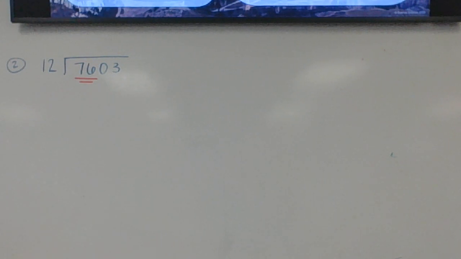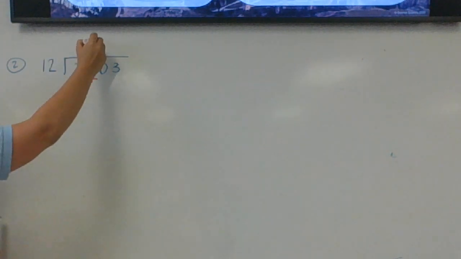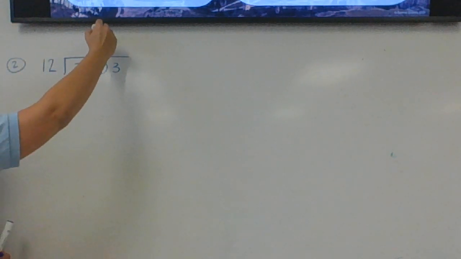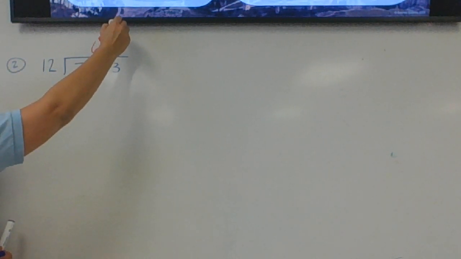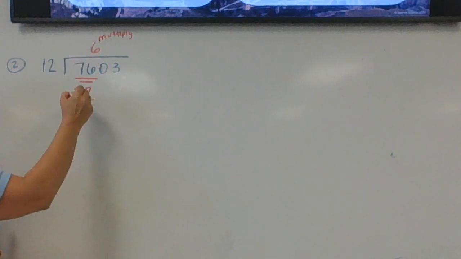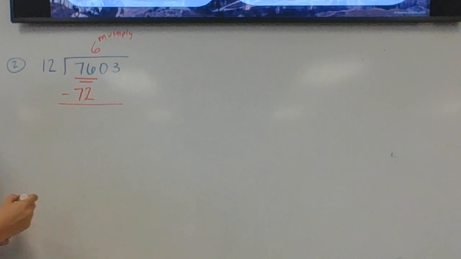So you have to know the process. 12 times 6, well, 6 times 10 is 60, 6 times 2 is 12, 60 and 12 is 72. So I'm going to go with 6. I'll write a 6 at the top, and then I multiply and I get 72, and then we subtract.